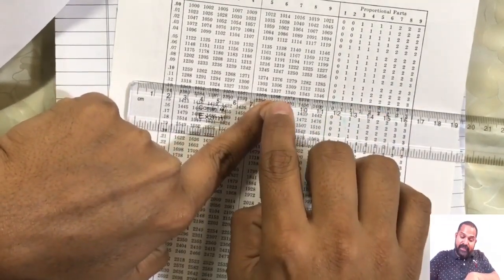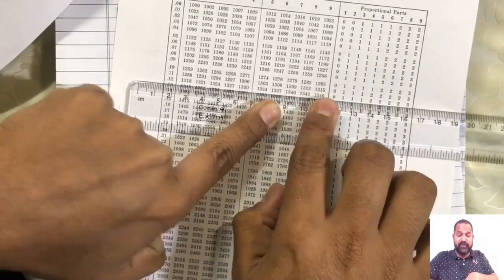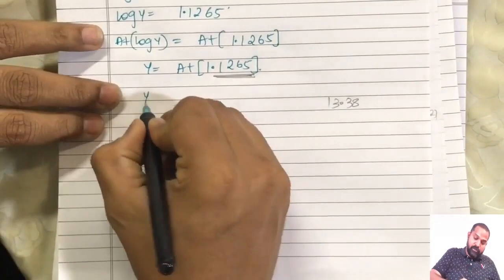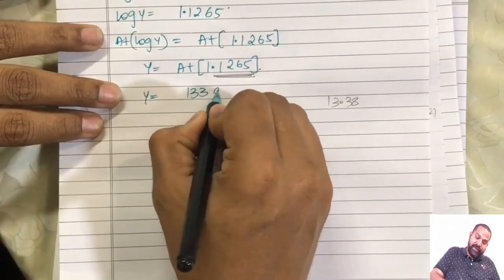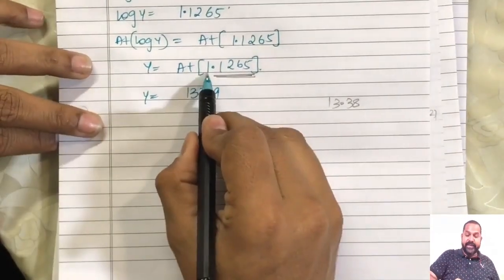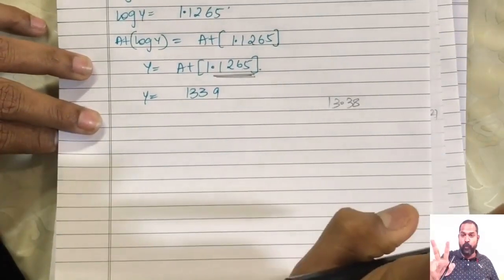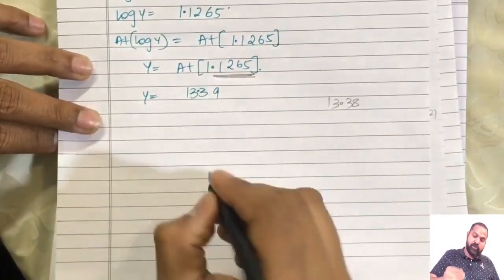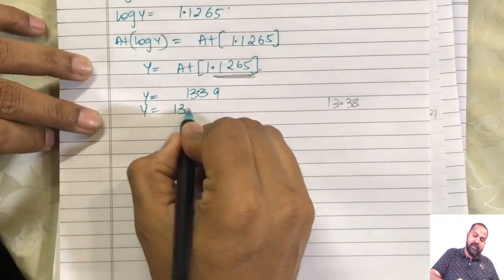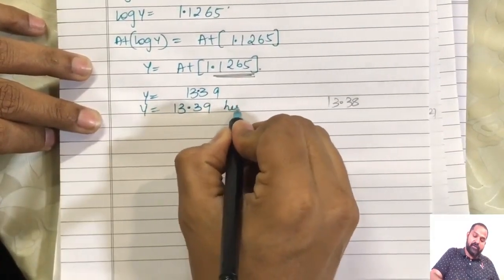So it is 1337 plus 2, which is 1339. So y is 1339. Characteristic is 1, plus 1, 2 places before the decimal. So y is 13.39 hours.